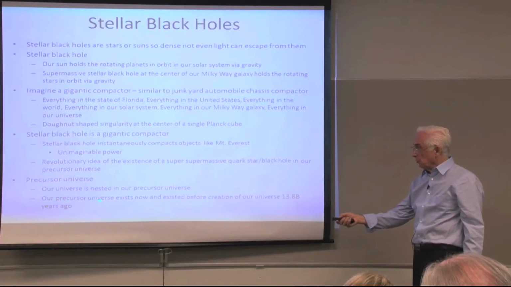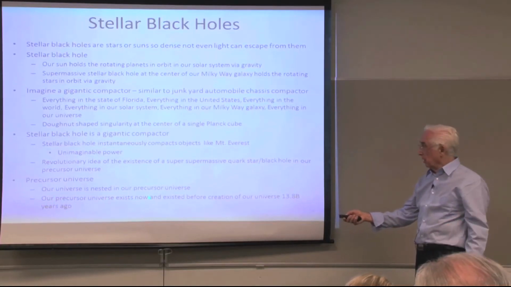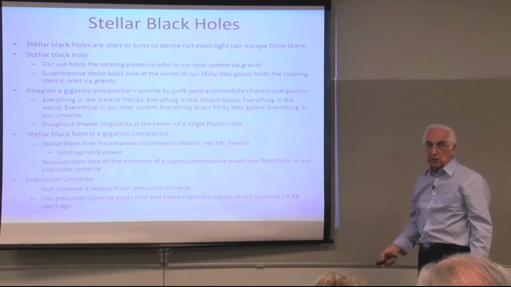So our precursor universe exists now, but it also existed before the creation of our universe. 13.8 billion years ago, our universe didn't exist, but the super universe and the precursor universe did.